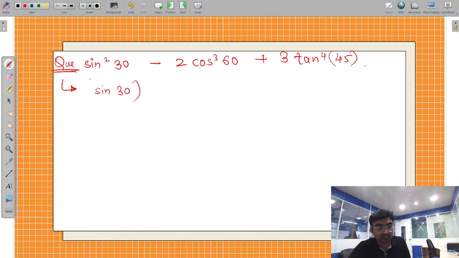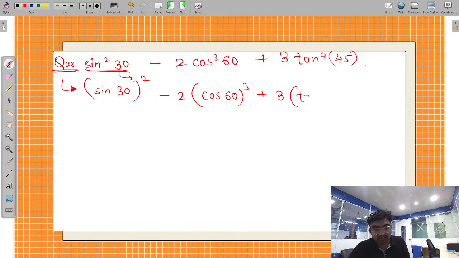See, sine square 30, I just told you that you can write it like this. Then 2 into cos 60 cube plus 3 into tan 45 raised to 4. Now sine 30, we just found out, is 1 by 2, and to the square, minus 2 into cos 60.